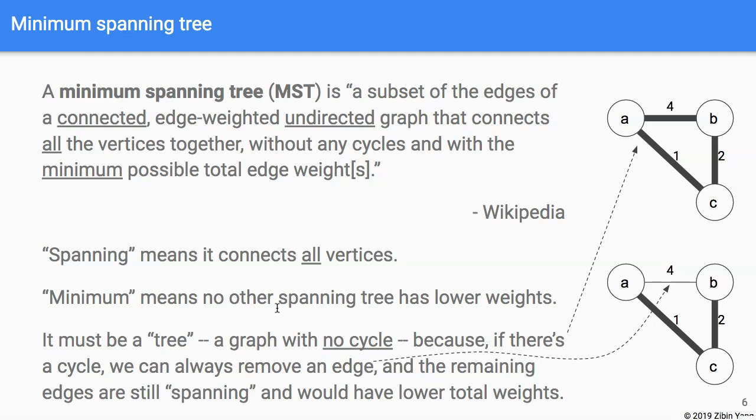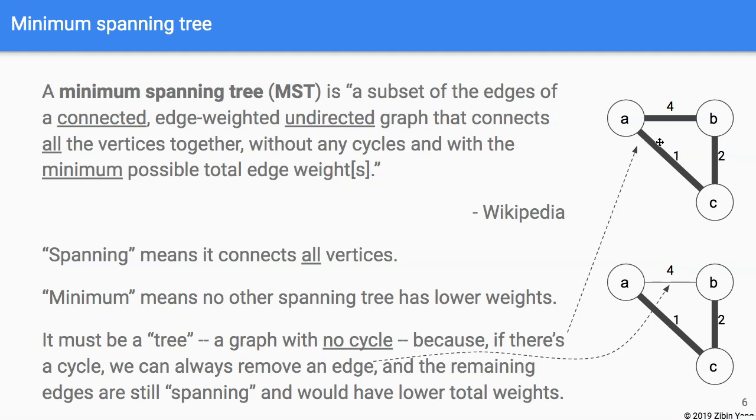And so a minimum spanning tree has to be a tree because if there's a cycle, for example, in this graph, if we pick all 3 edges, then it has a cycle. However, we can actually remove any one of these edges, and the remaining edges still span all the vertices in the graph.